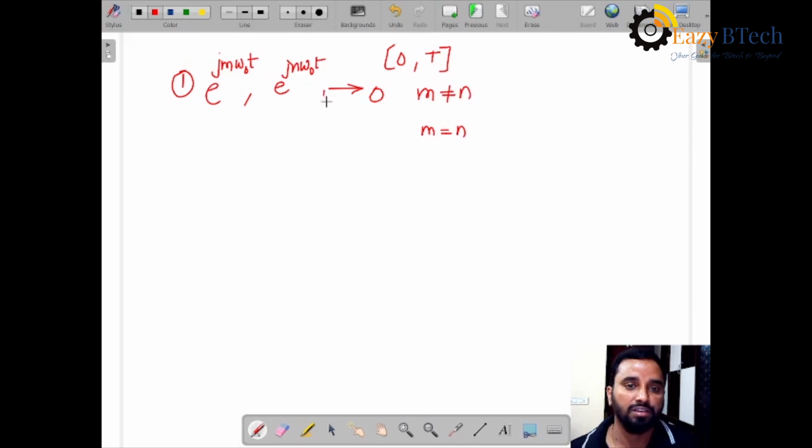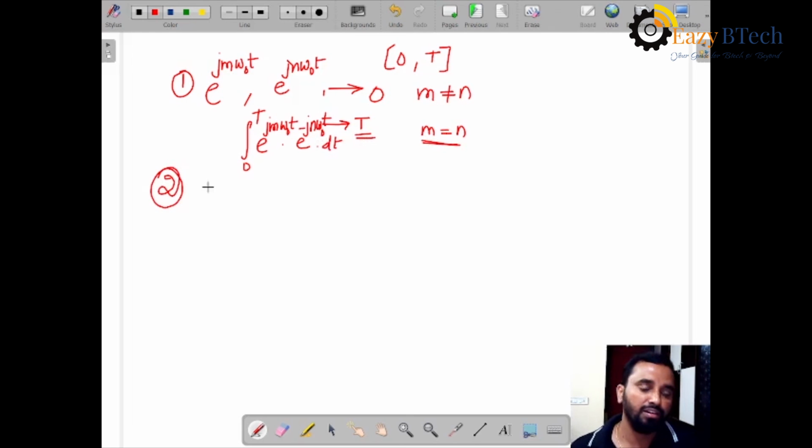We get T. These are complex functions, so the integral of e power j m omega naught t into e power minus j n omega naught t dt is T if m is equal to n.